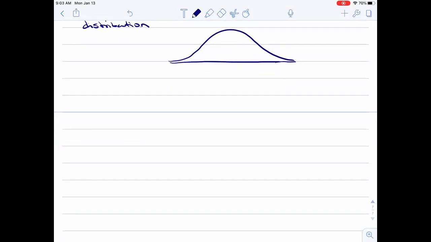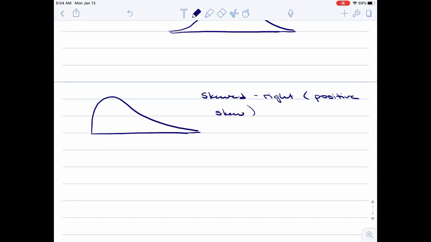If we have something that looks like this, this is a skewed distribution, and it's always skewed in the direction of the tail, which means that this is a skewed right, or positive skew, distribution.